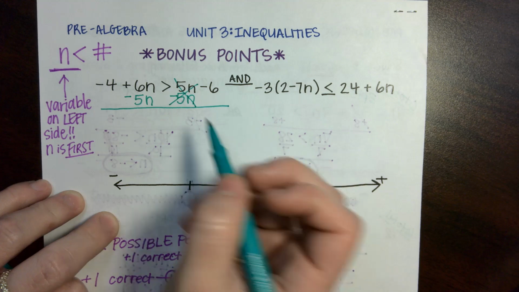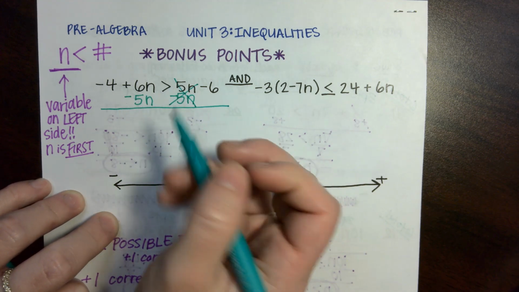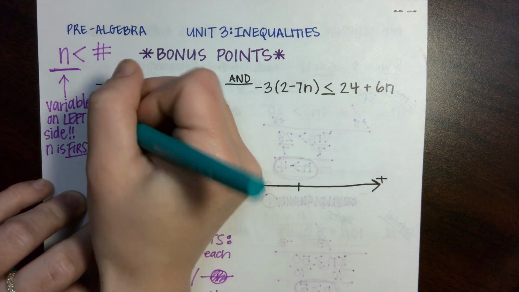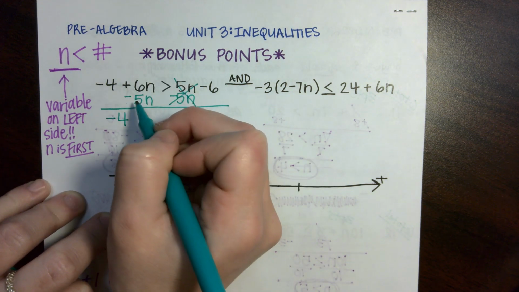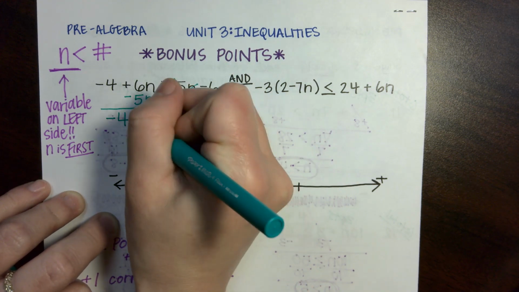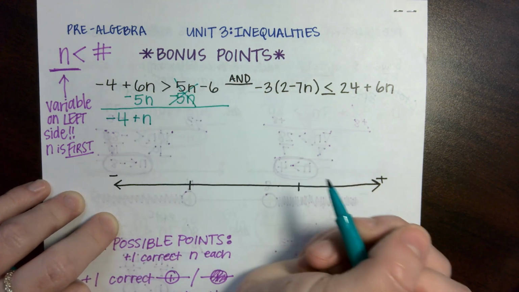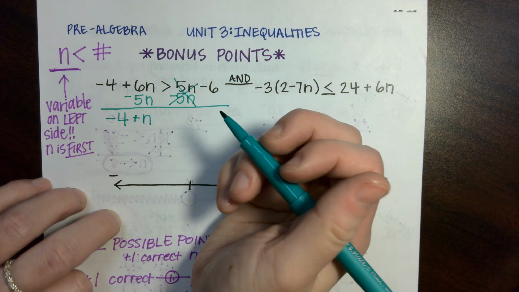Now I'm going to bring everything down and figure out this problem here. So I've got negative 4. Bring that down. What is 6n minus 5n? 1n. So I'm just going to write plus n, because I know you can put 1.